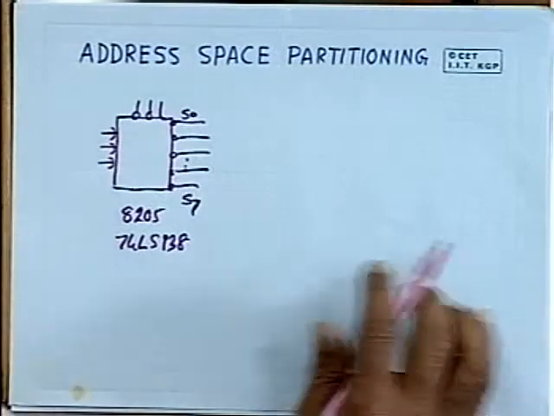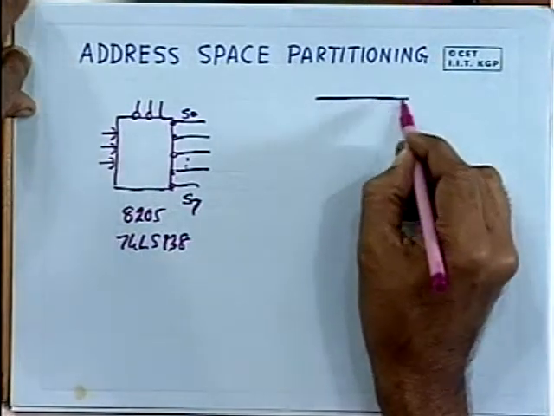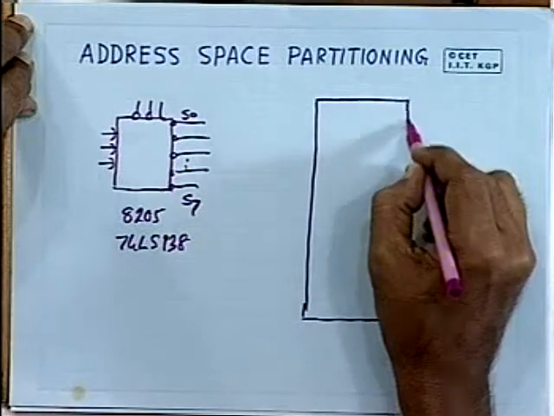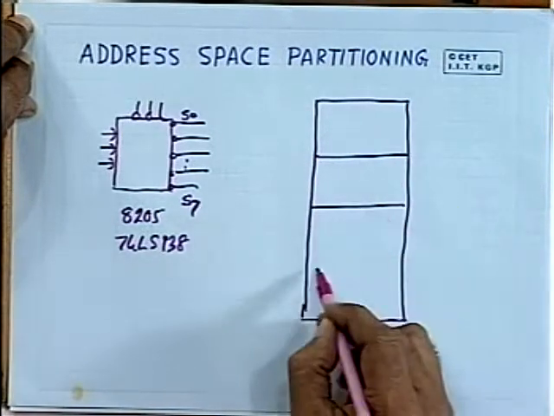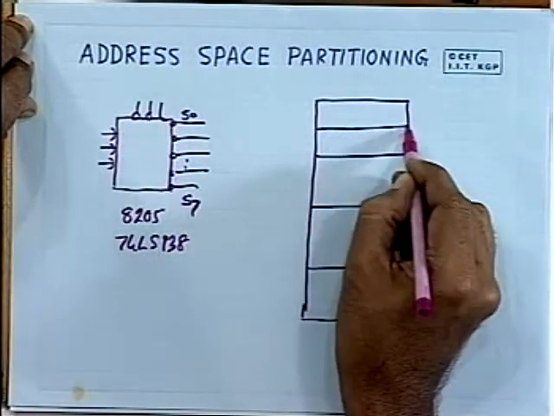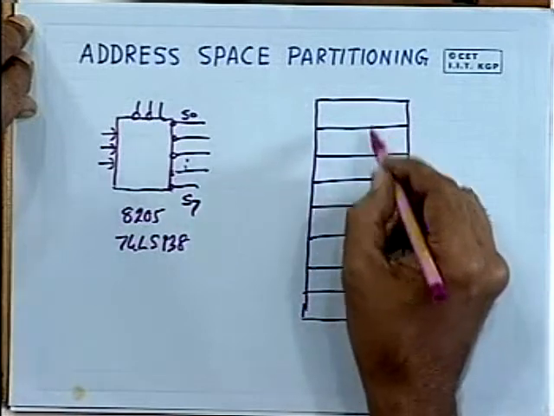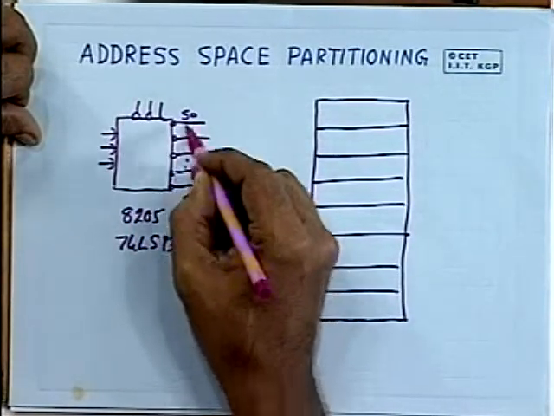Now since the chips are of 8K, we can partition the address space in this manner. We divide it into 8 parts because each of the chips is 8K. So in 8 parts, and 8 chip select signals will select them.